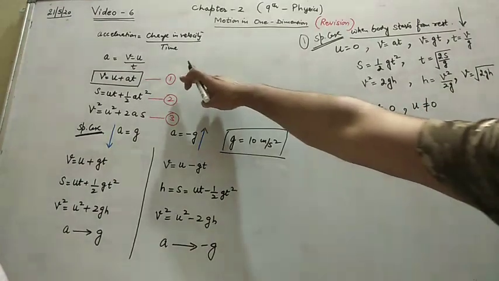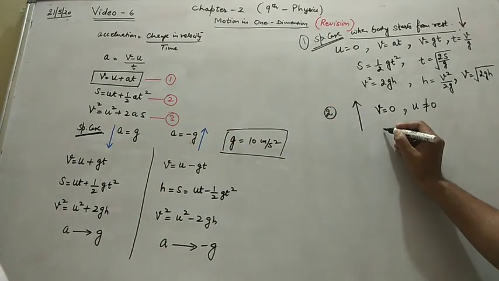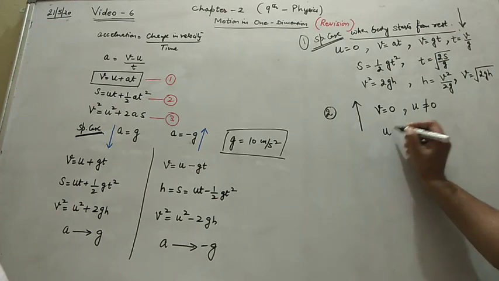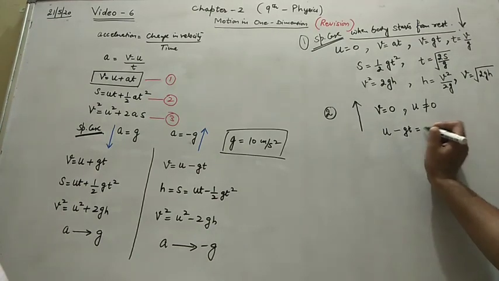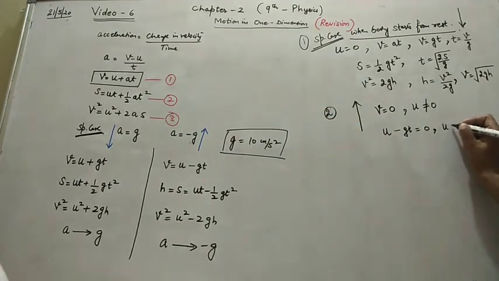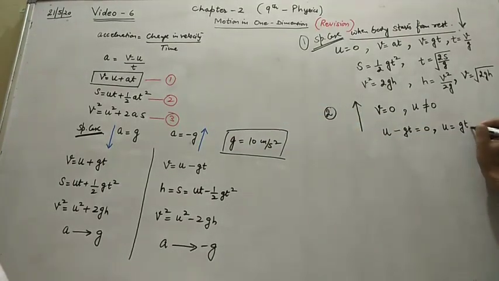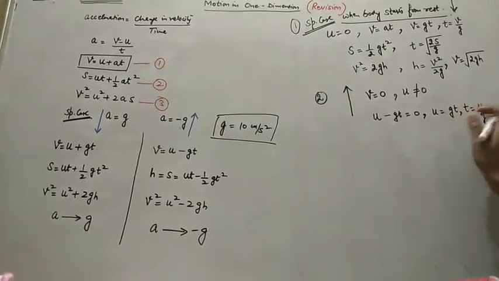Now from this concept we can reformulate these three equations. In that case, u minus gt is equal to 0 because v is 0, and u is equal to gt, or again t is equal to u upon g by simply rearranging.